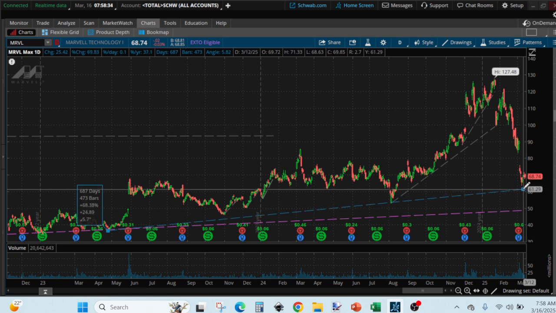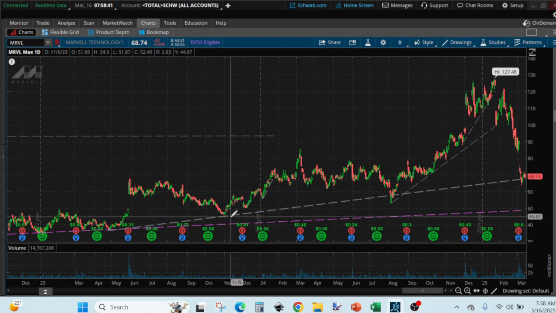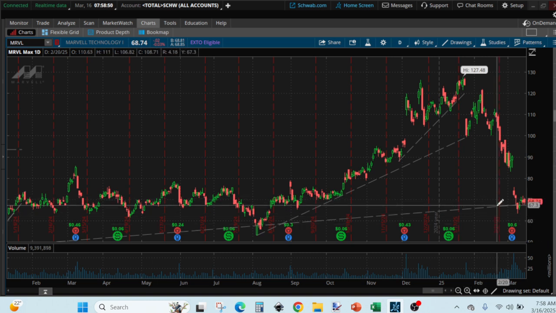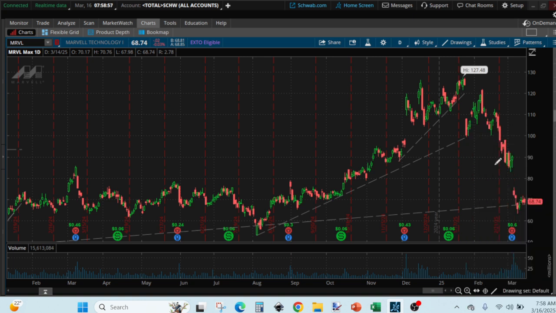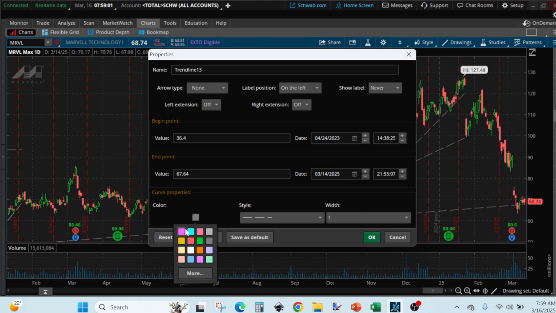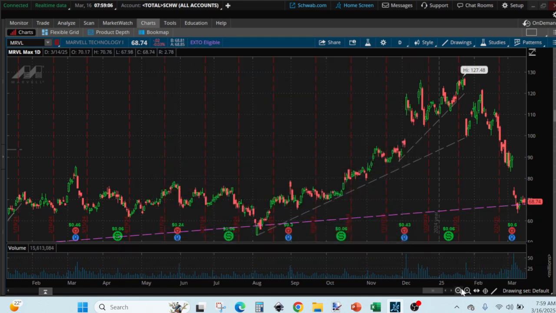So I would prefer to be closer to this one. That means this one went a little bit below. So that means this should be a trend line I'll be paying attention to as well, because it may not go as low as I was thinking.